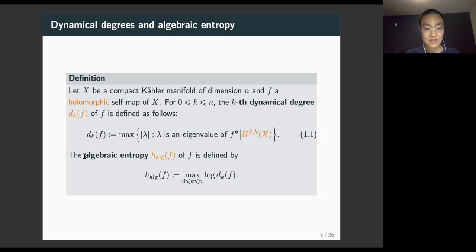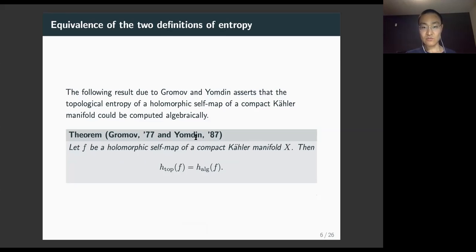Then we also call the maximum of all log d_k the algebraic entropy. And then the algebraic entropy is equal to the topological entropy by the Gromov and Yomdin theorem, for f a holomorphic self-map and X again a compact Kähler manifold.